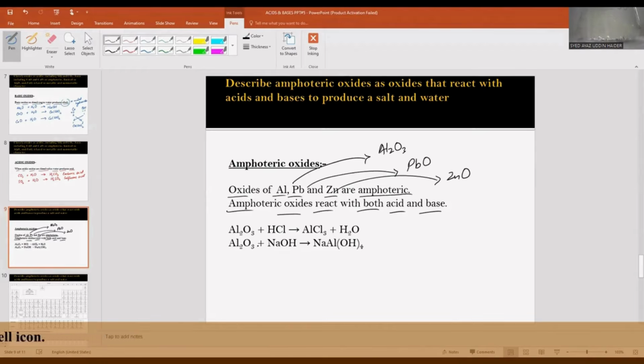So here's the reaction between aluminium oxide and hydrochloric acid. We will get salt, AlCl3, which is aluminium chloride, and water. And when you react Al2O3 with alkali like sodium hydroxide, again you will get a salt soluble in water, NaAl(OH)4.